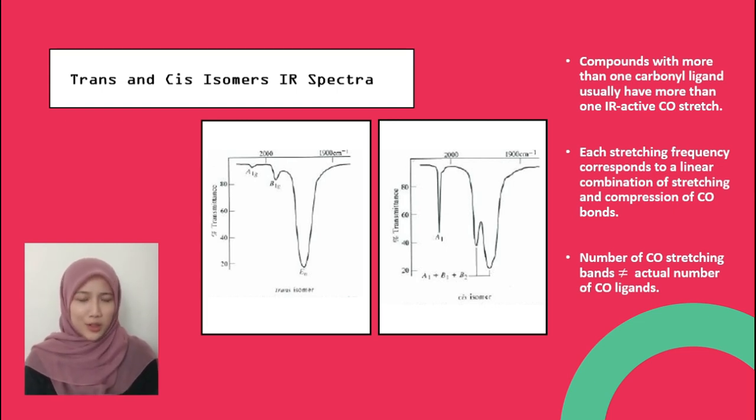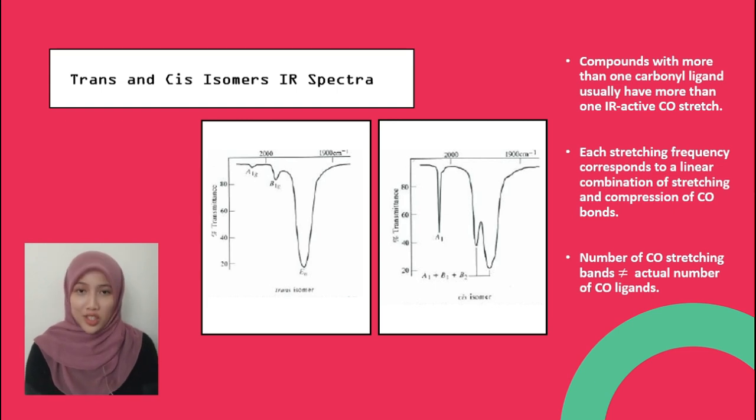So in IR spectroscopy, compounds with more than one carbonyl ligands usually will have more than one IR active carbonyl bands. The bands means the inverted peak from the diagram. So each stretching bands correspond to the linear combinations of stretching and compressions of the carbonyl bonds.